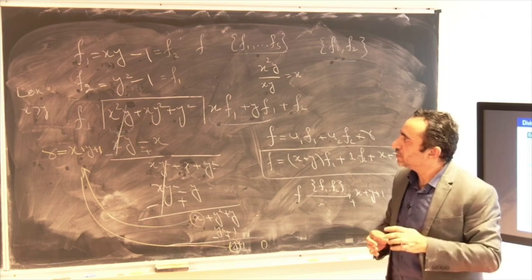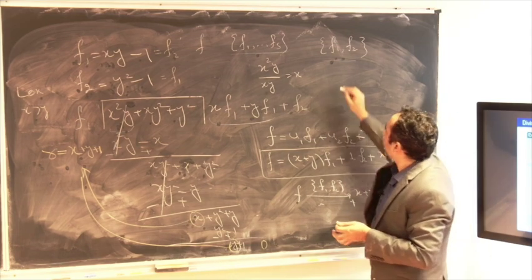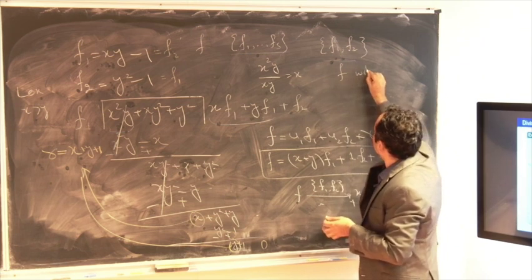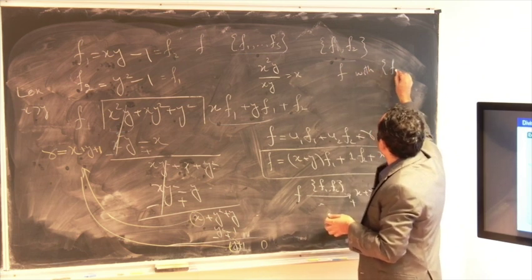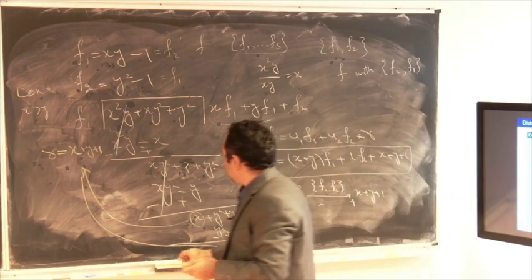So let's repeat this example by changing the order. Now we are going to divide f with f2 and f1. So we change the order of f1, f2. Okay, so let's repeat the same example.